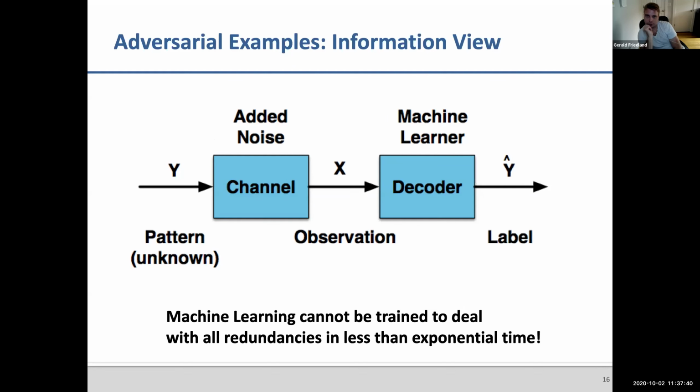And again, that is the information view, where we basically say we have this unknown pattern, we added noise, and the observation that the neural network sees, while the task is x1 equals x2, is x1, x2, and x3. As we train the network, it takes all 3 into account, despite the fact that it doesn't matter for the decision if x1 equals x2.